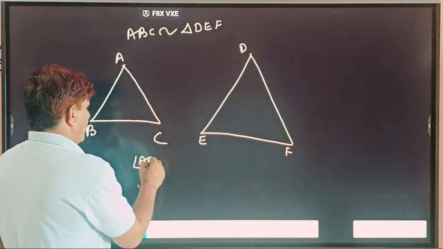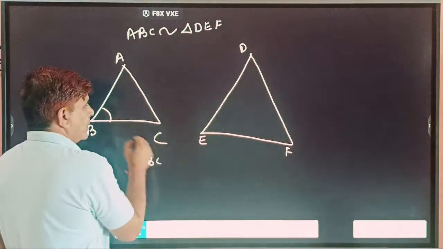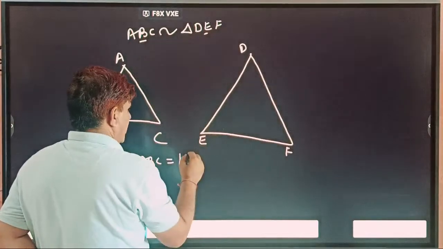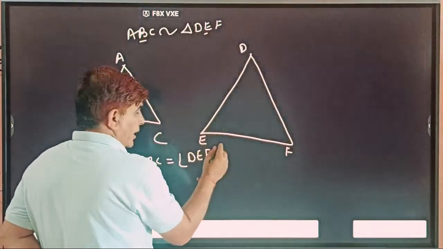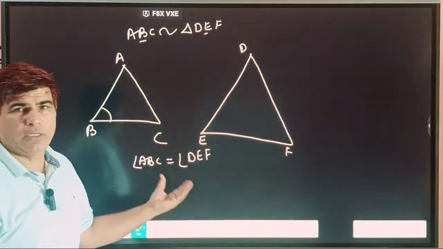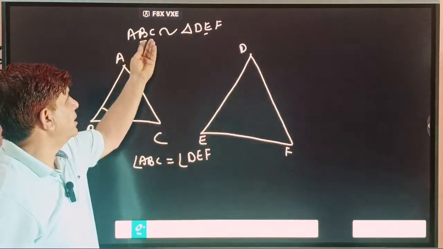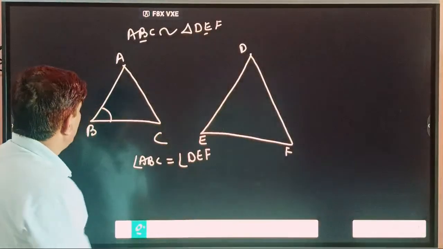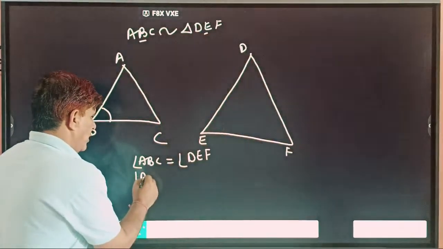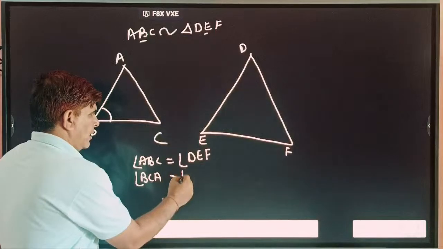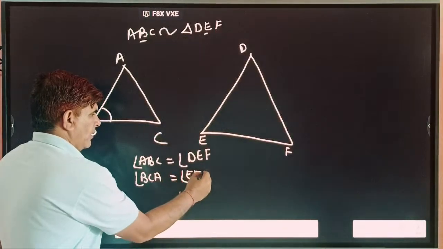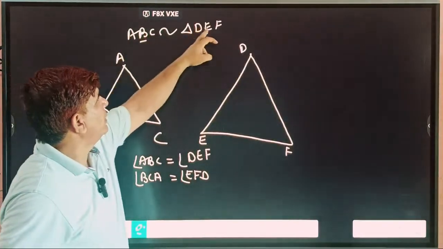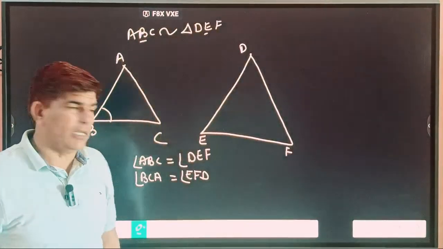Angle ABC is equal to angle DEF. Try to understand, this is important. I have written ABC, and DEF, with no gap. Then I can write A converted into BCA, and here EFD. BCA, EFD. Correspondence is like this.